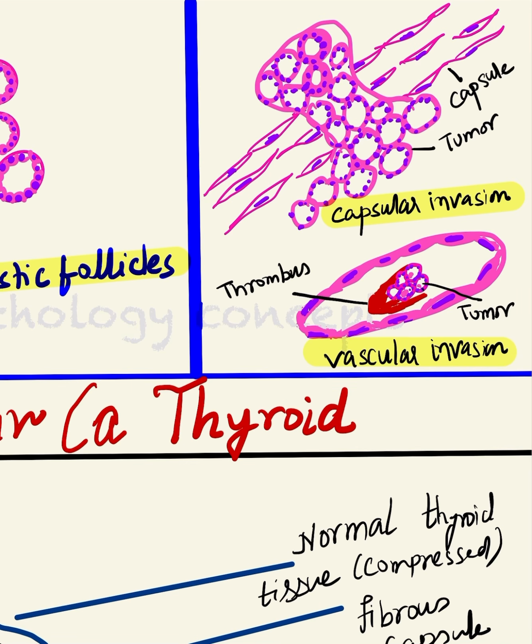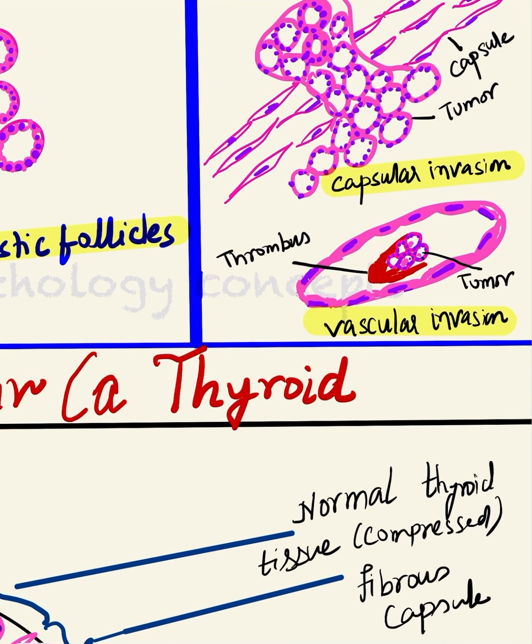The microfollicles are proliferating and forming the tumor, and this tumor is breaching this capsule through and through, and then it is coming out of the capsule. This is when it is called capsular invasion. So it should breach the capsule and come out of it. Sometimes it shows a mushrooming type of growth. So tumor reaching beyond the capsule is known as capsular invasion.